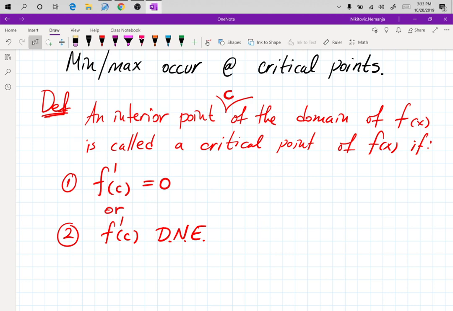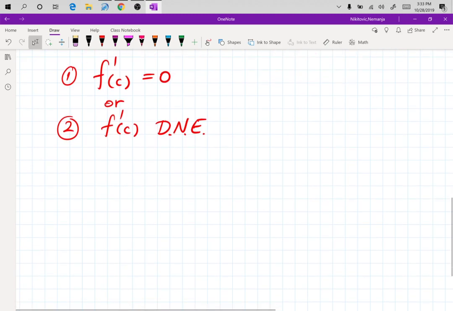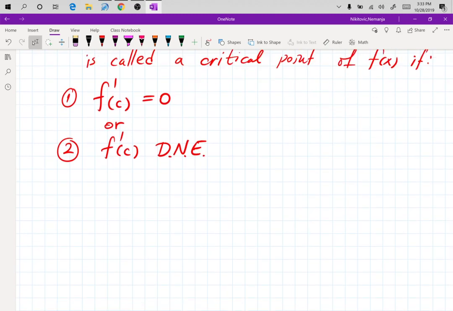So that's the definition for critical point. And what it does is it tells us the location where min-max, or what we know as inflection point, might occur. Now, just to clarify, you will solve the equation to find c.